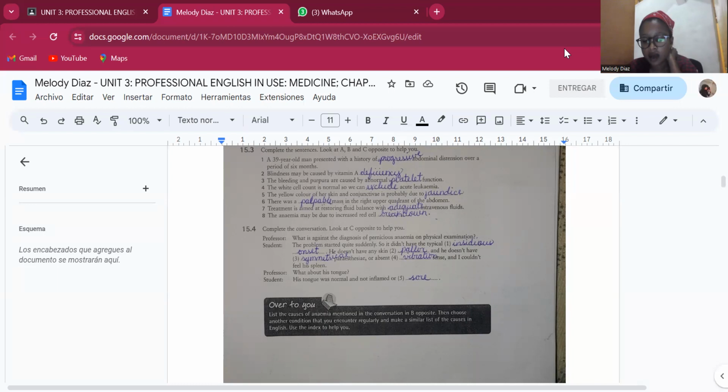He doesn't have any skin pallor and he doesn't have symmetrical paresthesia. Vibration sense is normal and I can feel his spleen. Professor, what about his tongue? Student, his tongue was normal and not inflamed or sore.